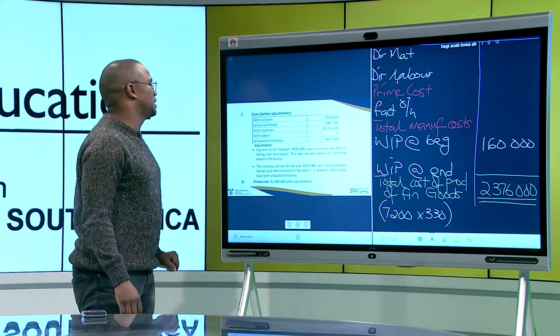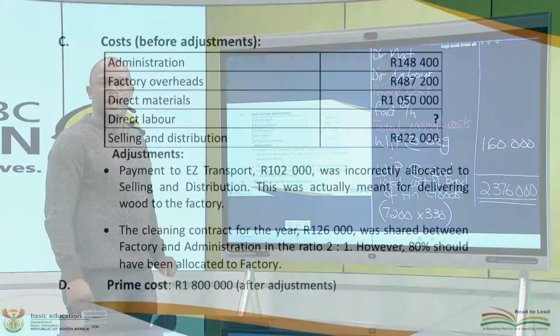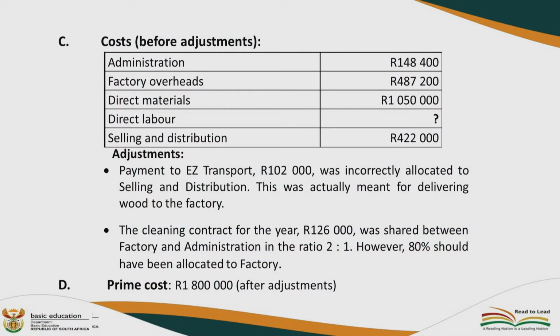Then information C, they say costs were as follows, but before adjustments. Remember I said we must treat this topic as if we are doing your income statement. So if you have these amounts, it means those are amounts before the adjustments. So you go to the specific items.